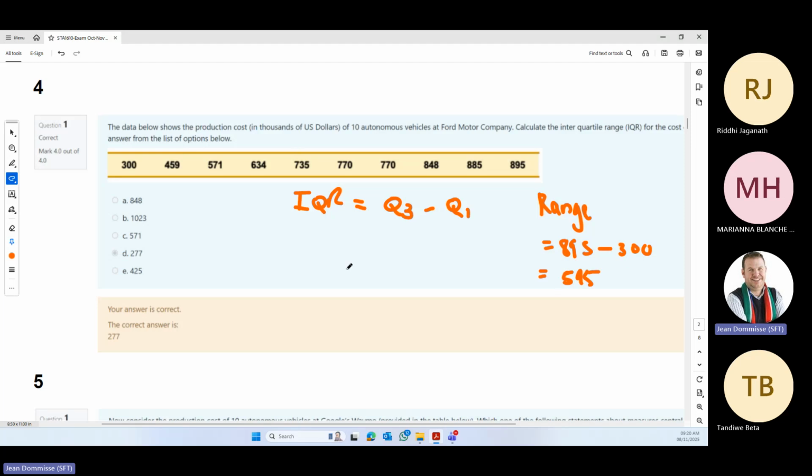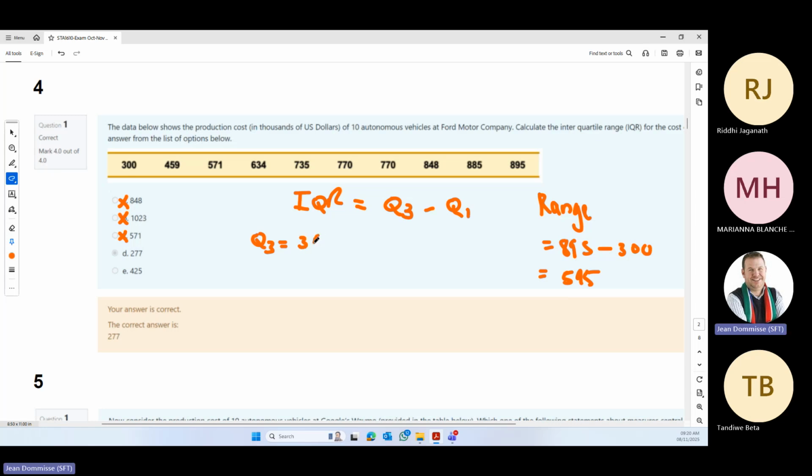So my interquartile range can't be bigger than that. So if I look at the answers, definitely not that, definitely not that. That 571 is really pushing it. I would probably say also not that one, because that is very close to the range and you're looking at the interquartile range. So you need to work out Q3.